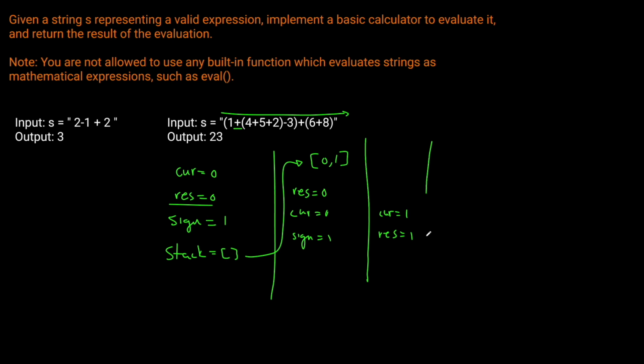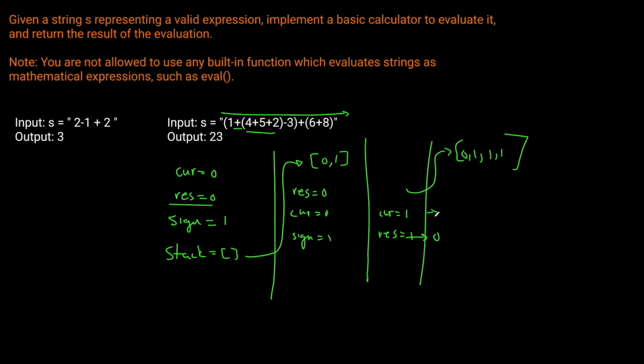So now we see another parenthesis. So remember, we need to save the state of our current operation once we see this parenthesis. So our stack is still going to have 0, 1. And now we need to save the current result, which is 1, and our sign is still 1. Cool. And now we reset res to 0, because we can think of this as being like its own fresh computation.